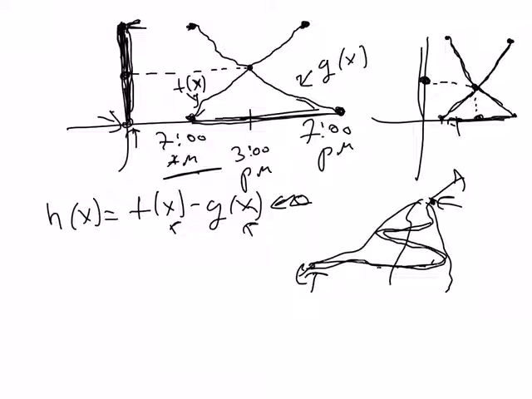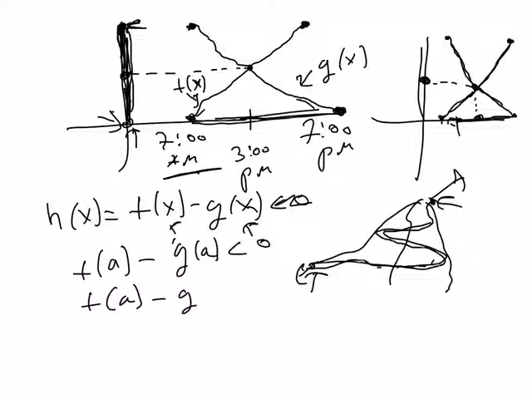And there's another point, right, so we're going to have f of a, where a is, let's say, 7 a.m., minus g of a is less than 0. And there will be another point, this point right over here, where f of b minus g of b is greater than 0, because over here f of x is much bigger than g of x. g of x is 0, f of x is the height of the mountain.